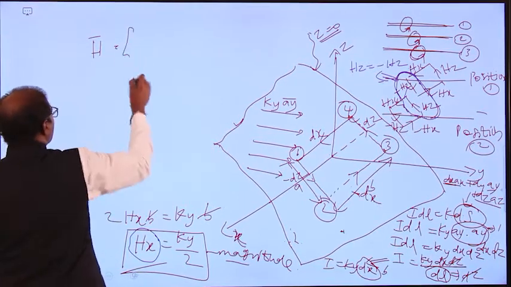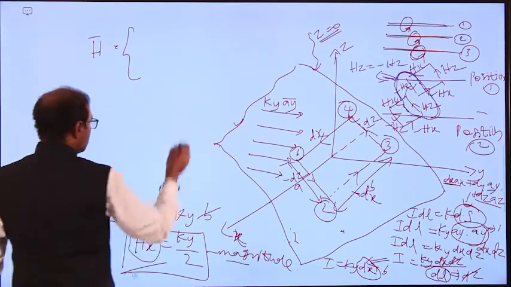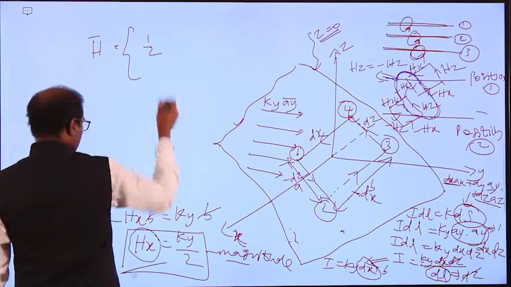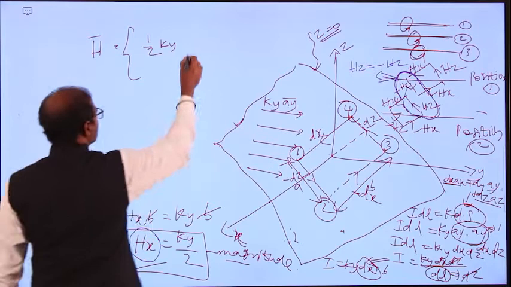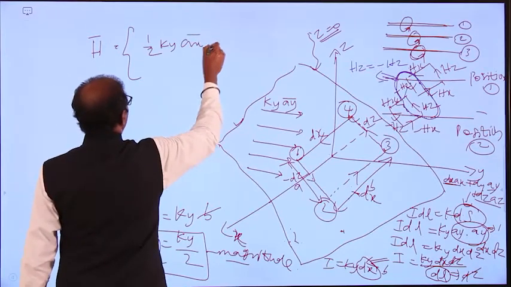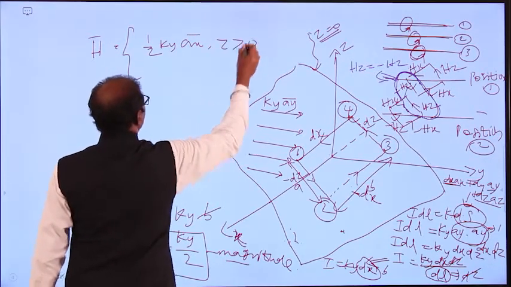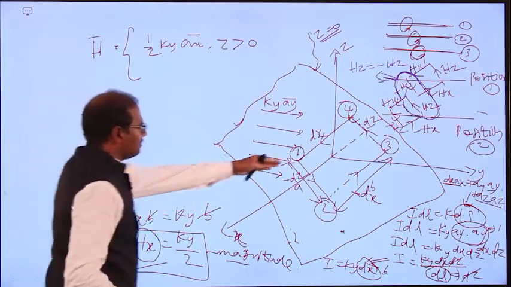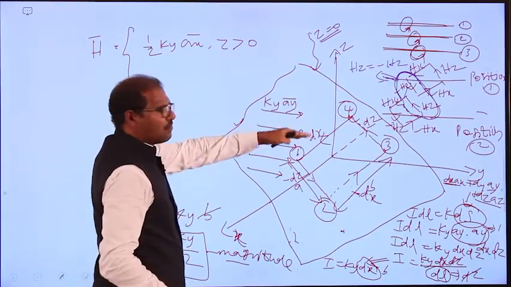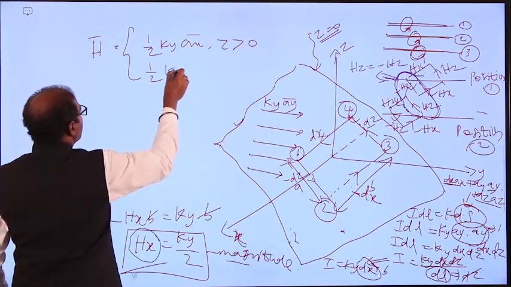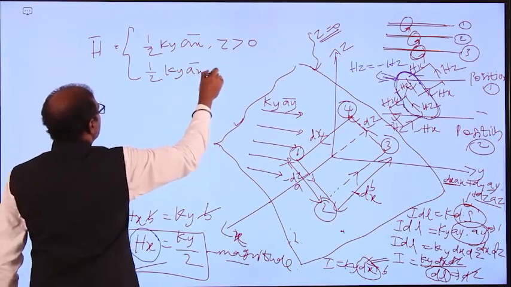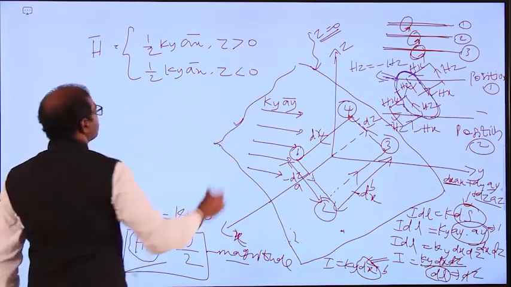We can write 1 by 2 Ky into ax, the x vector, for the condition z greater than 0, because our path will be above the sheet. Below, we get 1 by 2 Ky ax for z less than 0.